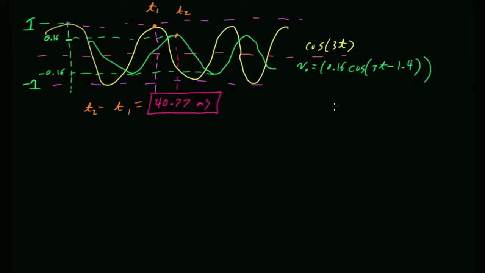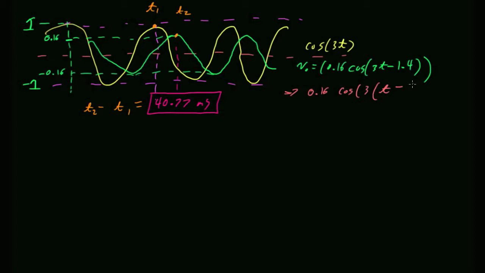Divide by 3. So I can think of two ways of doing this. One way of doing this is to do as follows. 0.16 cosine 3, and now I'm going to factor that 3 out of both terms. So if I do that, here I'm going to have a t, and then I'm going to have, what comes after that now, if I factor a 3 out of the 1.4?